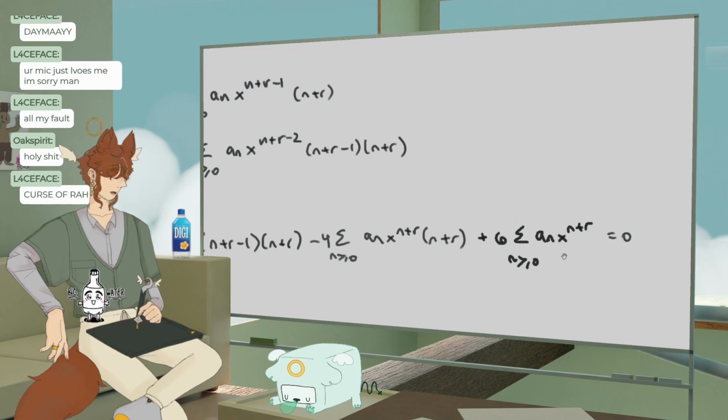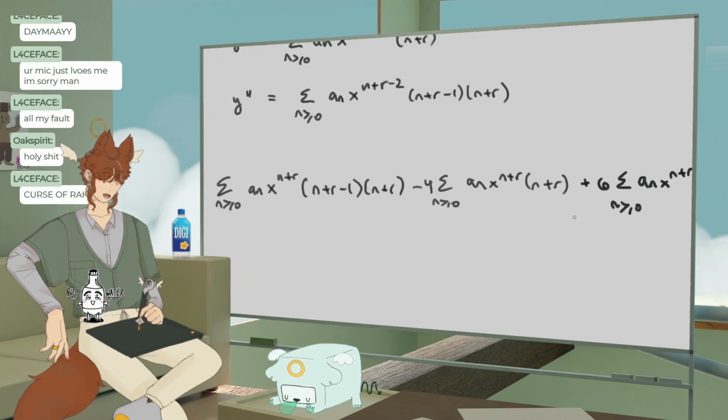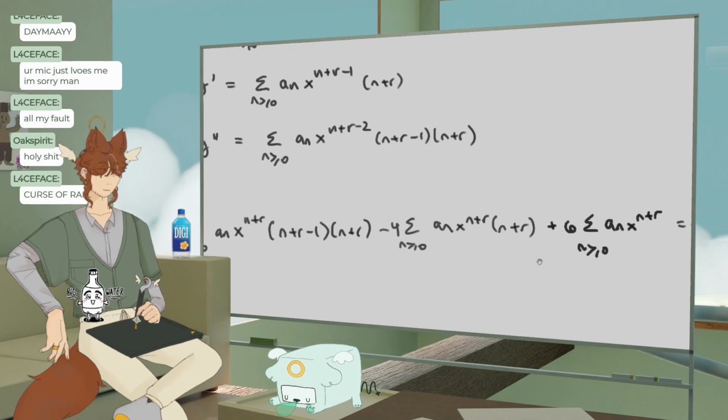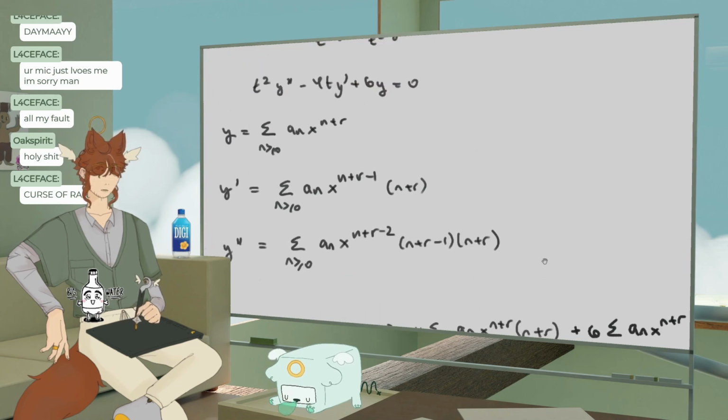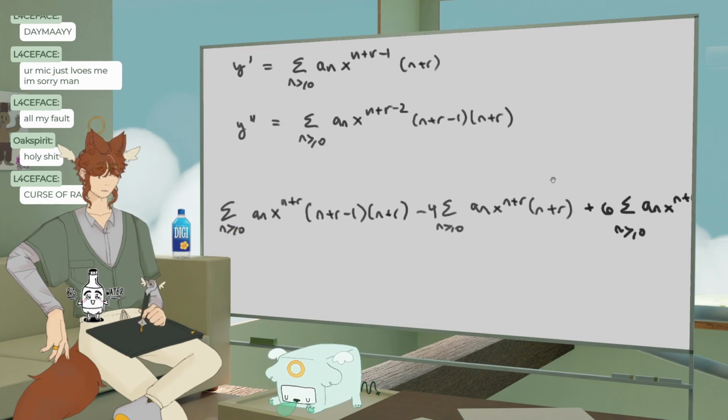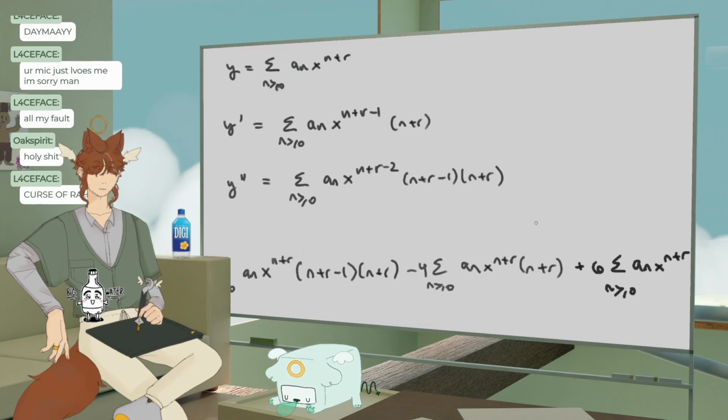Anyway, so back to differential equations. Actually wait, this is a really nice version of this. When we combine these, wait a second, we don't get any orphan terms. Excuse me.